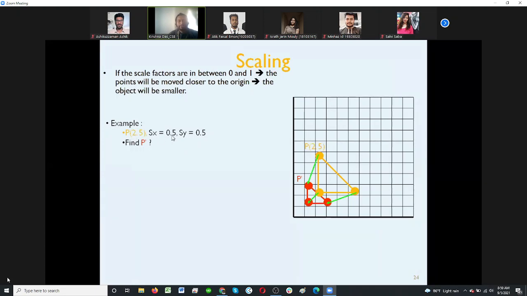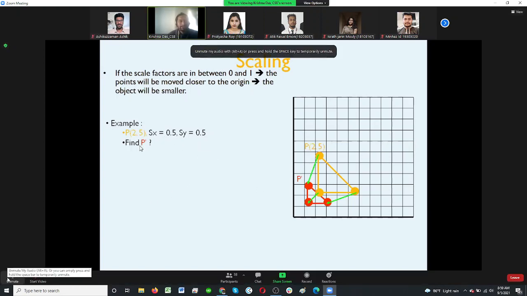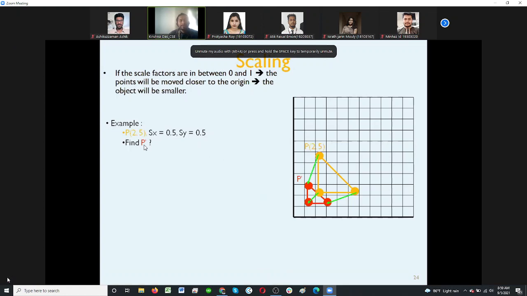So 2 into 0.5 is what? 1, right? So that is the x coordinate value we get, and for the y coordinate, 5 into 0.5, that means 2.5. So we get the coordinate value for P prime as 1 and 2.5. We may consider 2.5 as 3 maybe. So this is the point we get.